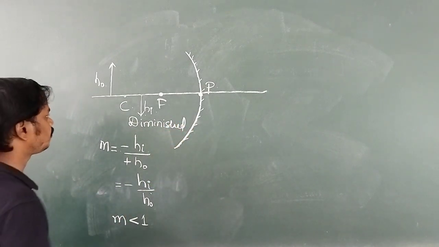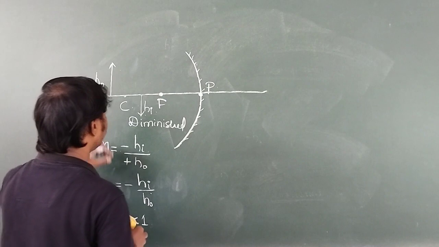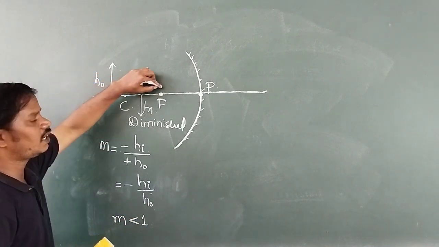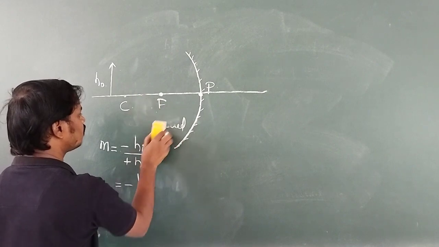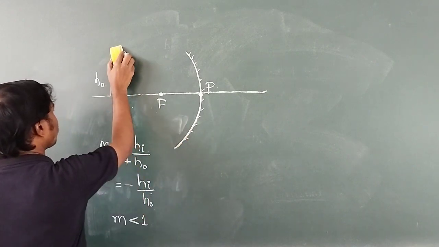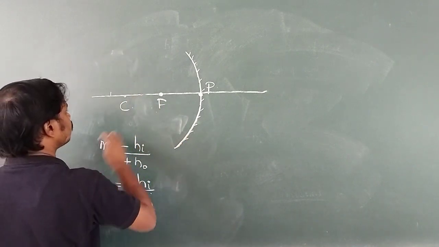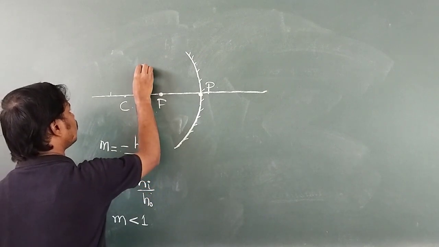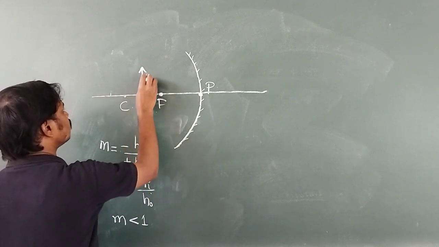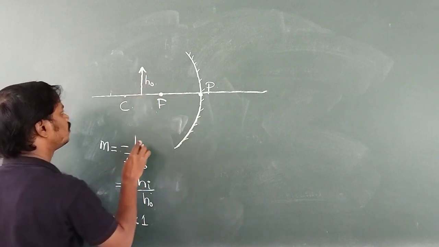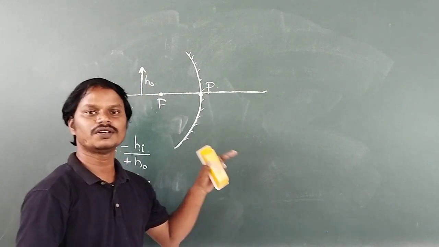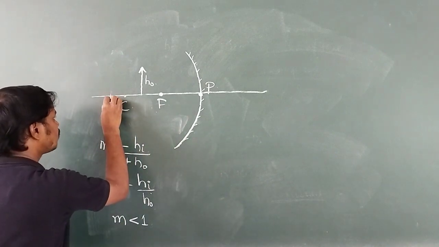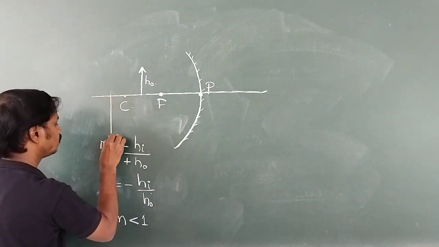Okay, now the second case. If the object lies in between C and F, where will its image be formed? Its image will be formed beyond C. This is the object, and its height can be taken as ho. The image is formed beyond C, and this image is magnified.